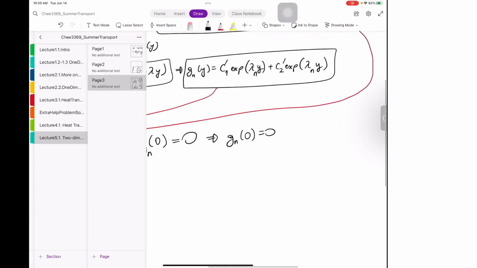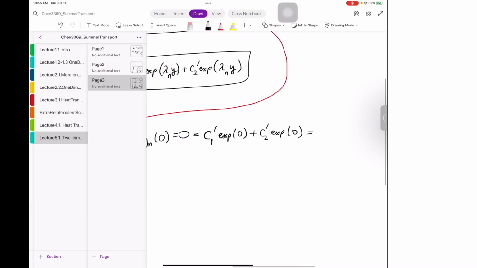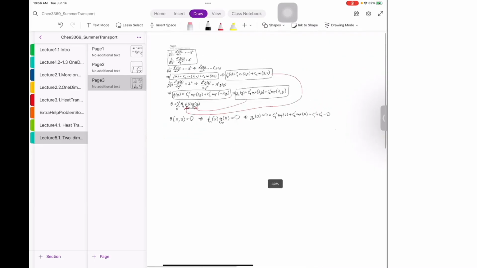It means that I have a boundary condition for this one, right? If you write it down for g_n(0), you get c1 prime exponential 0 plus c2 prime exponential 0. So you get c1 prime plus c2 prime is equal to 0. Okay, so that's one equation that we have.